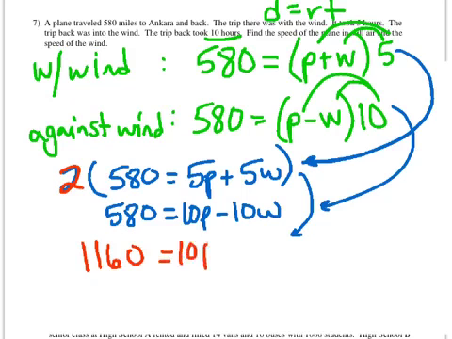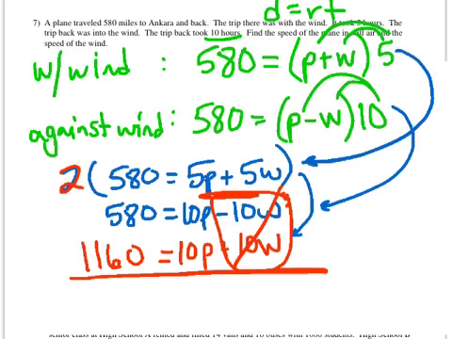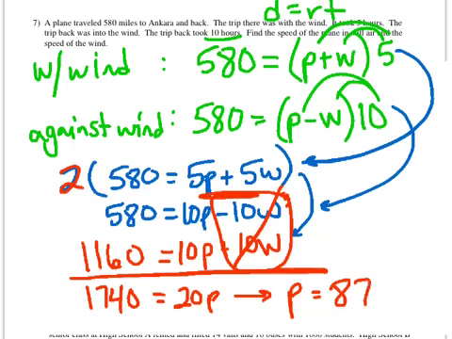Then we have 10p minus 10w, plus 10w, and I did that so that this would cancel out, and we've got 1160 plus 580 is 1740 equals 20p. So p equals 87, and that's in miles per hour.